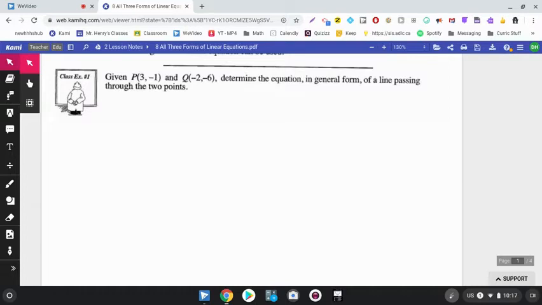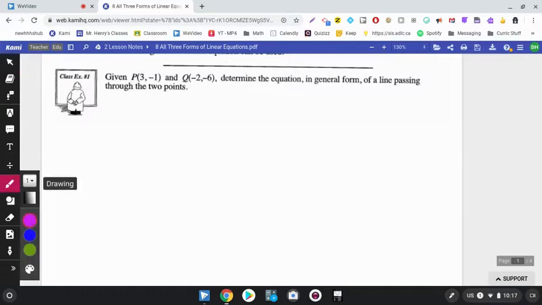Well, both of those, what it boils down to is I need to find the slope, okay, and then I need to find a point. And if I can find both of those things, I can write the equation of a line. If that point happens to be the y-intercept, well, great, right? And then I just use y equals mx plus b. If that point happens to be anything else, I would have to use slope point form, which is totally fine.